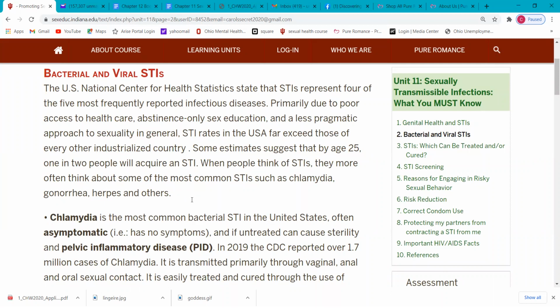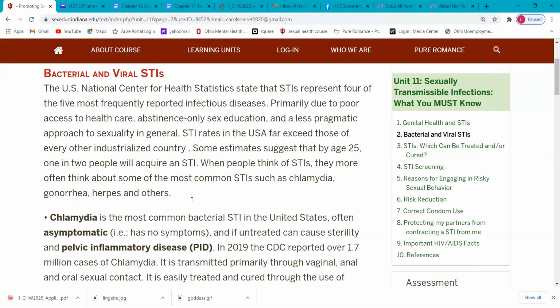So STI rates in the US far exceed those of every other industrialized country. Some estimates suggest that by the age of 25, 1 in 2 people will acquire an STI. 1 in 2, that's like half, right?